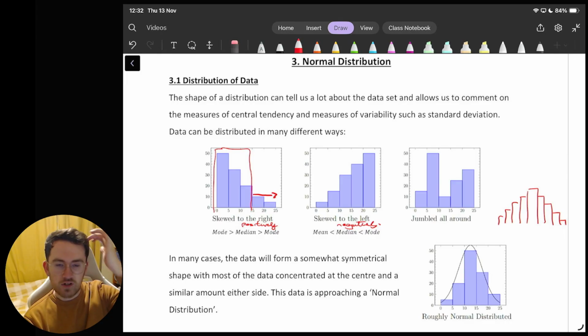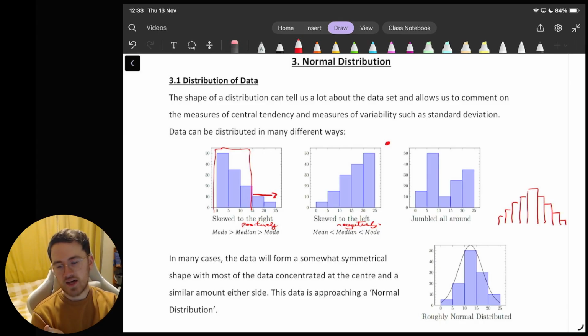The same thing applies for the second example here, skewed to the left, where most of the data is at the higher end. It doesn't have to be in the hundreds, it just has to be at a higher end. We might look at, say, the age people get married, or the age people start wearing reading glasses, which is quite a common one.